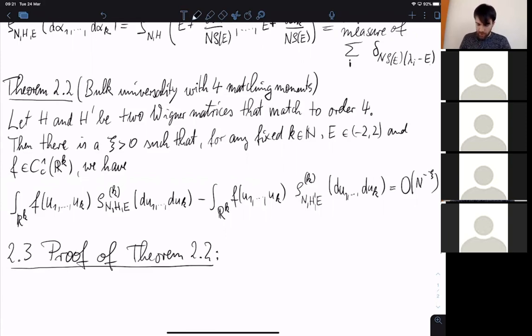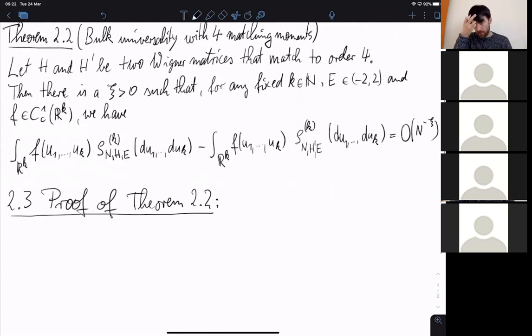Okay, and then last week I gave you some ideas how to prove this. So the basic principle was that we wanted to follow the Lindeberg proof of the central limit theorem.